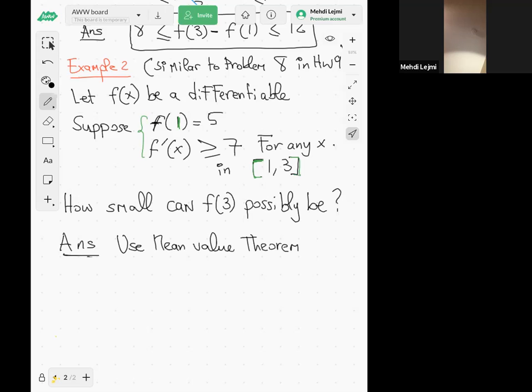What does the mean value theorem say? Of course, your f of x is differentiable, etc. So the conclusion of the theorem is that there exists a c in this interval 1, 3.